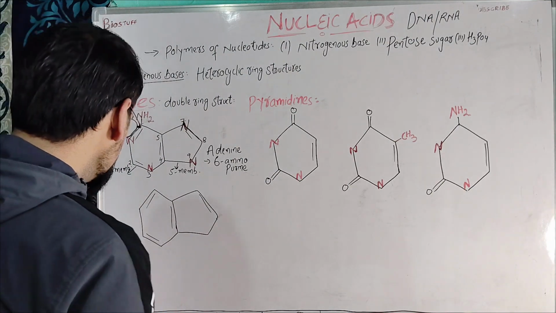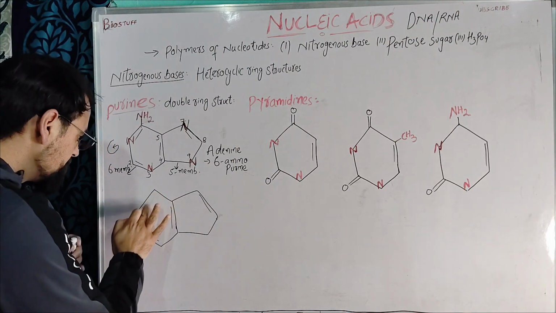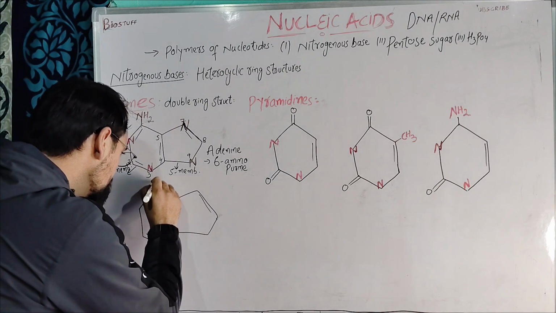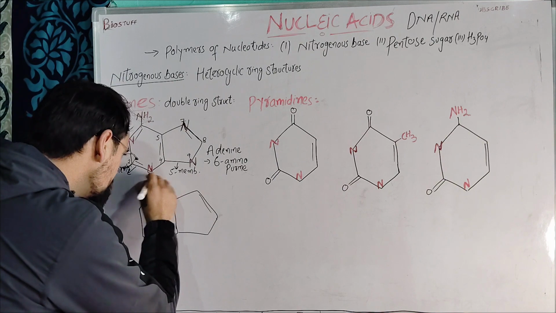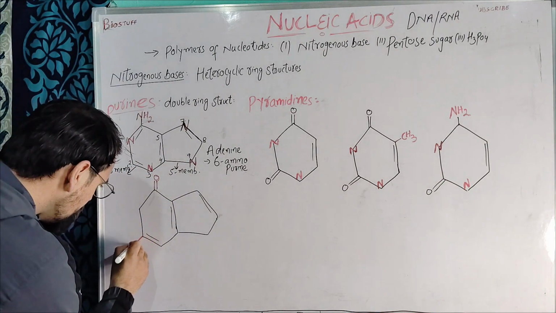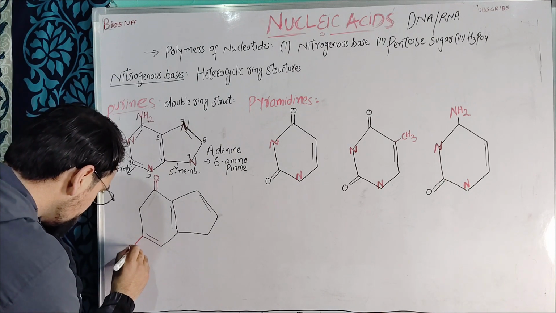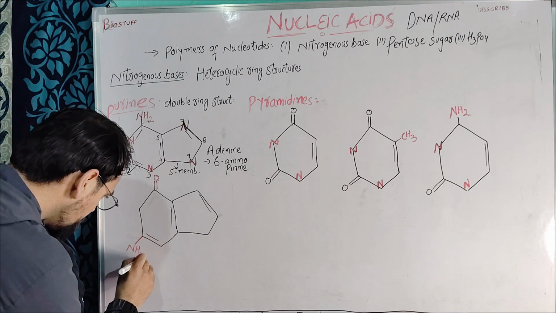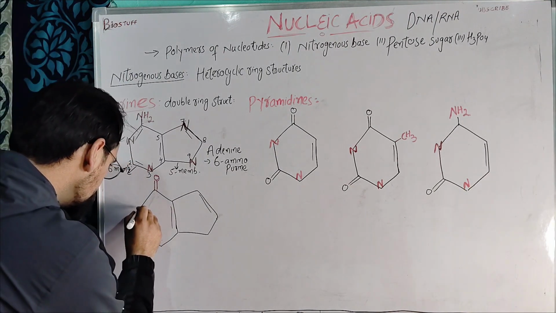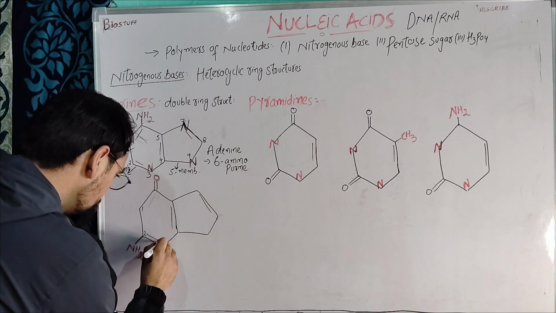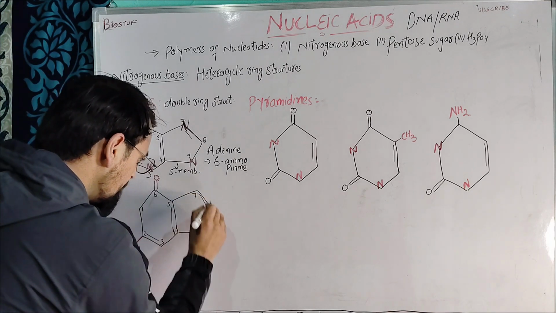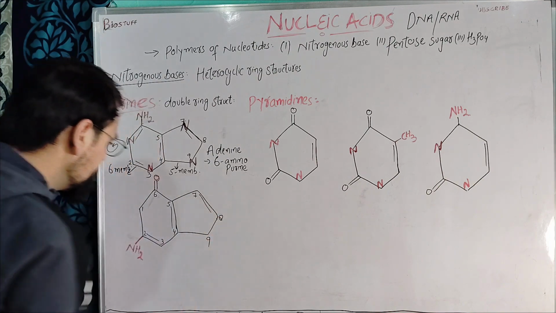Now what's guanine? What you will do? At position number 6, you will see an oxo group, and at position number 2, you will see an amine group. So this is position number 1, 2, 3, 4, 5, 6, 7, 8, and 9.